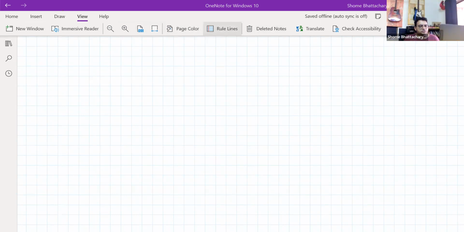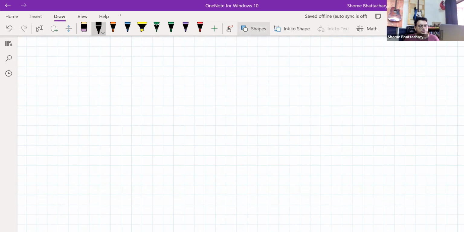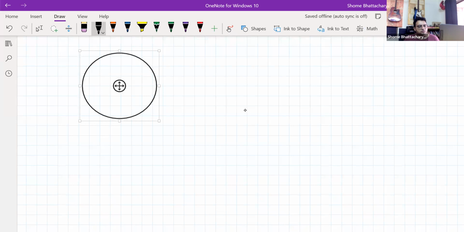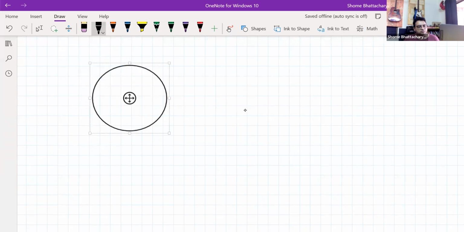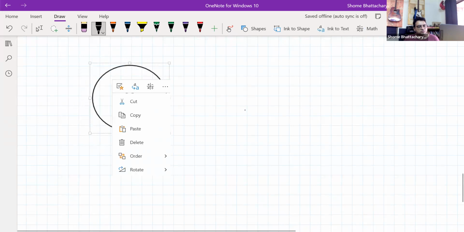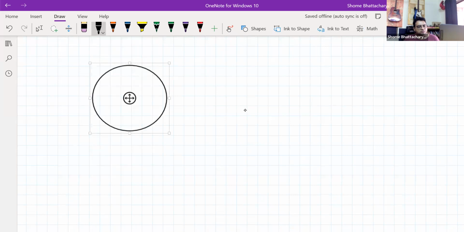So let's say the original disk that I had before cutting out the hole in it, this original disk, suppose, was of mass m and radius r.